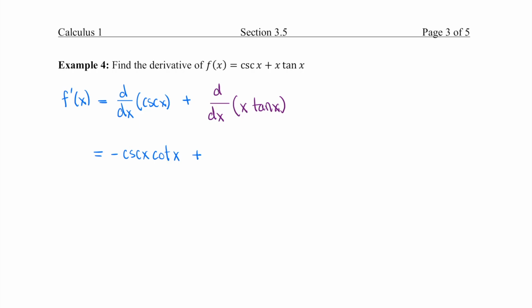The product rule says we take the derivative of the first times the second plus the derivative of the second times the first. So we take the derivative of x times tangent x plus the derivative of tangent x times x.